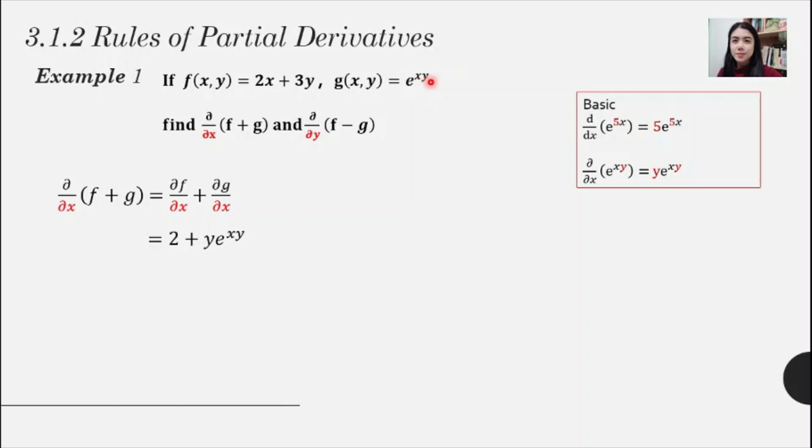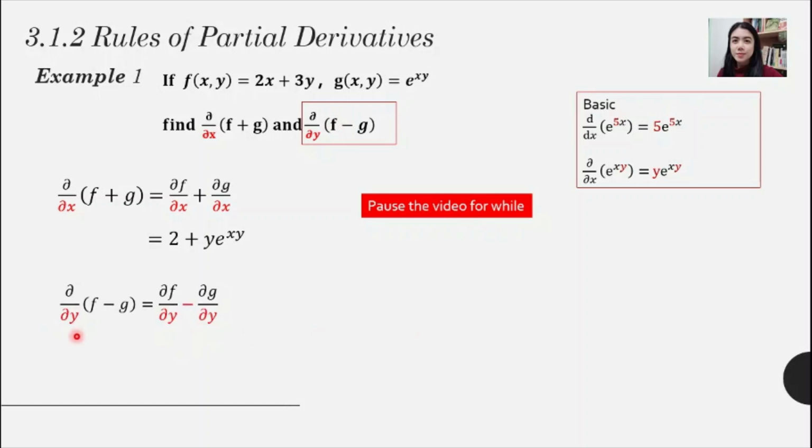Multiply with the constant y. So you have y. So write the y in front and copy back the exponent. So this is the result for this one. Okay. Now I want you to pause the video for a while and try to do this one.